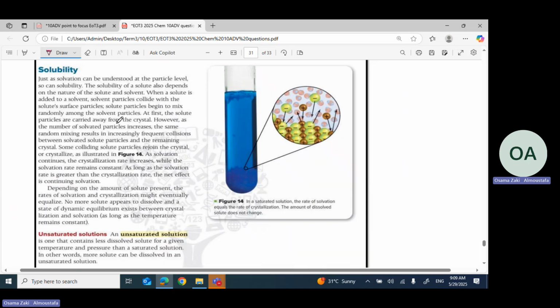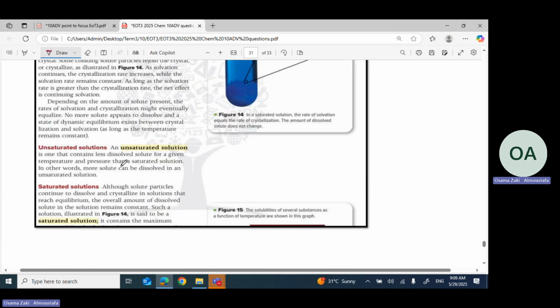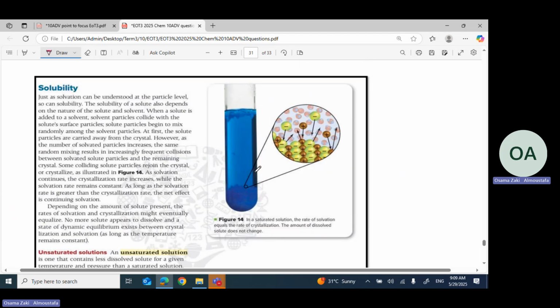Solubility. We have three terms. The first one is saturated, when the maximum amount is reached. There is a kind of equilibrium between crystallization and solvation. Solvation is when the ions separate from the cube and dissolve in water.